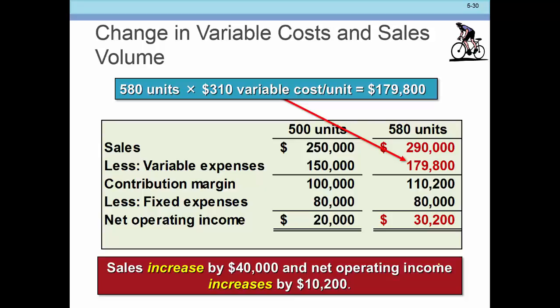That sounds like a good idea, doesn't it? Okay, good. What did our contribution margin go down to? It went from 200 to 190, but then what? Our volume came up enough to cover that difference, right?